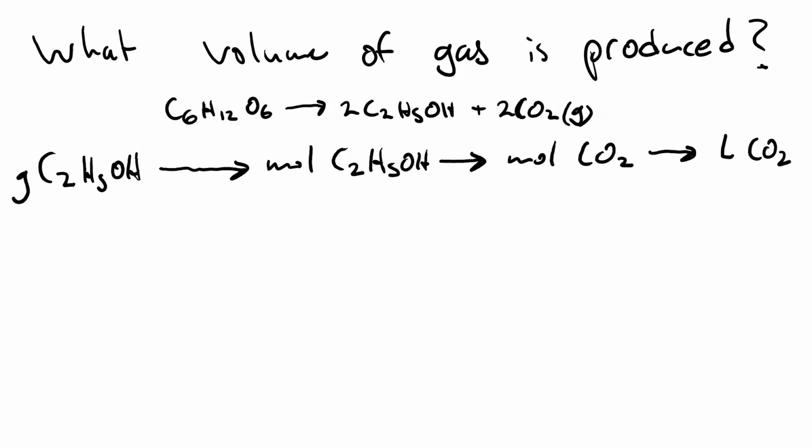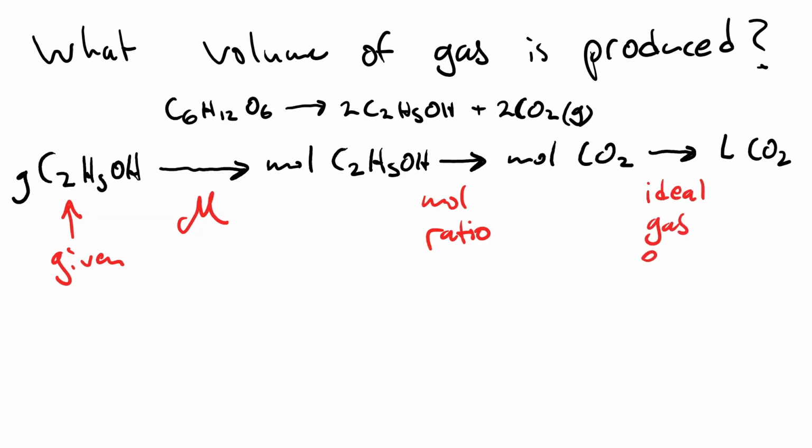So we're going to do a stoichiometry calculation where we'll start with the grams of C2H5OH produced. That's our given. We'll use the molar mass to get to moles of C2H5OH. Then we'll use a mole ratio to get to moles of CO2. And finally, we'll use the ideal gas equation to get to liters of CO2.